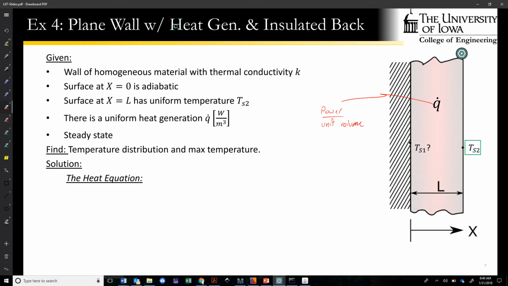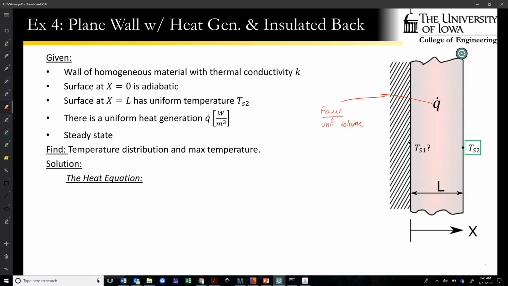That's a bit of a weird assumption when dealing with a plane wall. It would be like saying you've got some chemical reaction going on in the interior of an entire wall, uniformly across its depth. It's a little bit of an abstraction, but we'll go with it for now. And finally, we're dealing with a steady state problem.